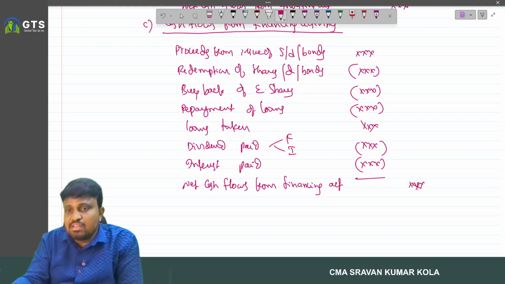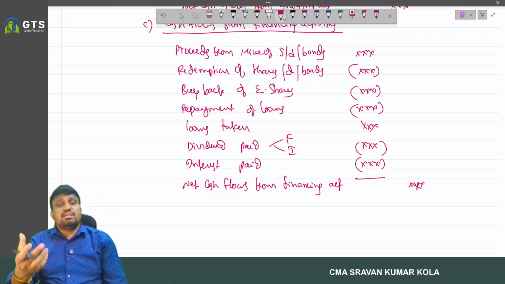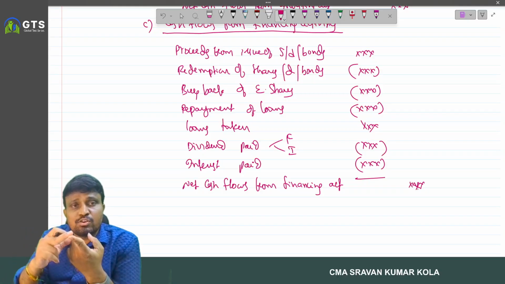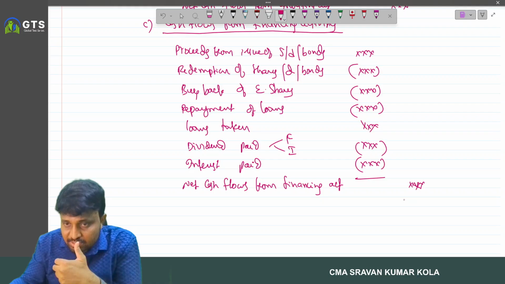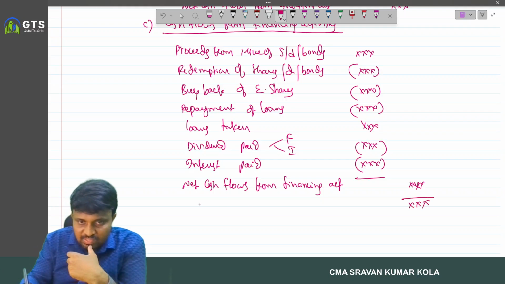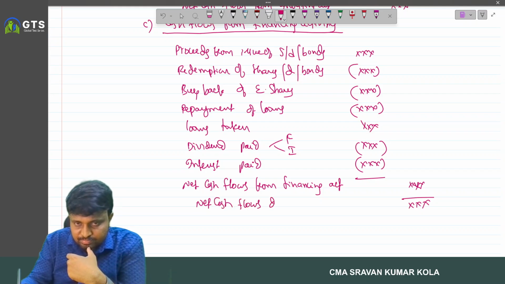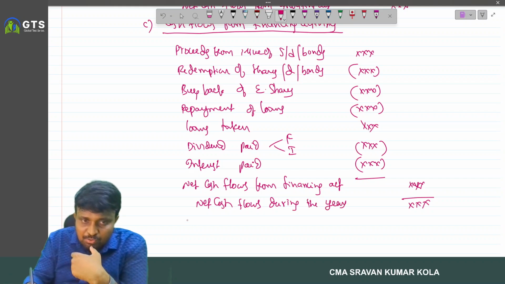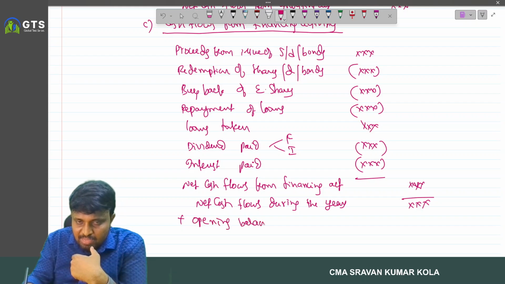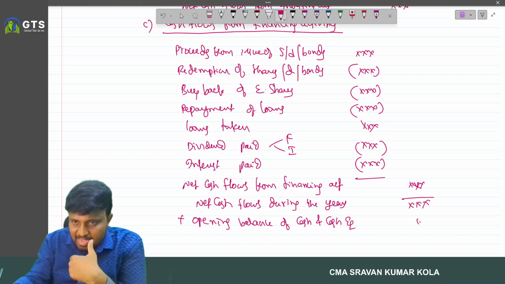Okay. And here we discussed: in A we calculated cash flows from operating, B cash flows from investing, C cash flows from financing, and the total. So net cash flows during the year, we have to add the opening balance of cash and cash equivalents to this.